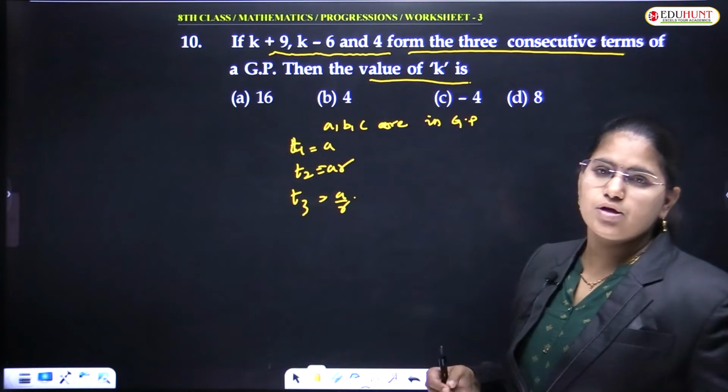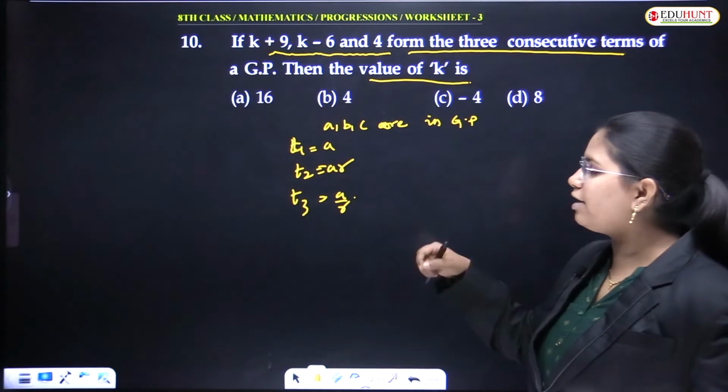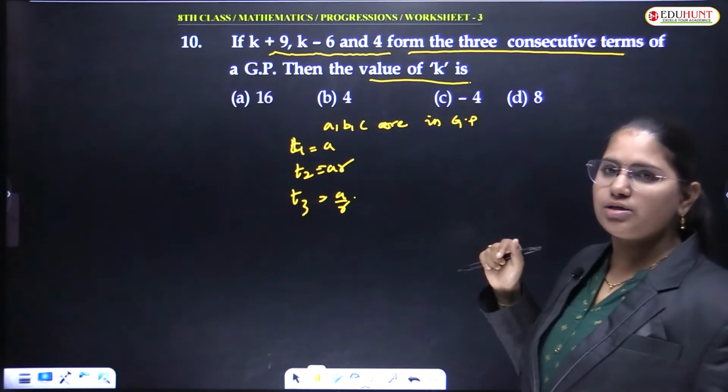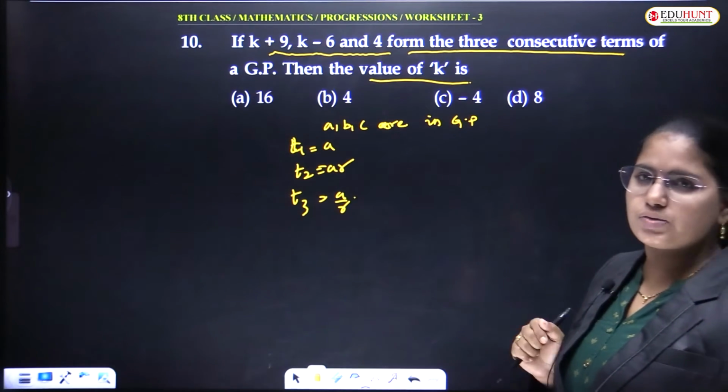If three terms are in GP, we have T2 by T1 is equal to T3 by T2, because the common ratios will be equal.